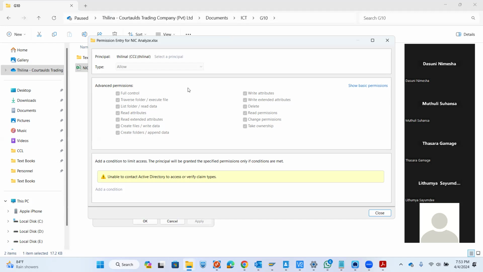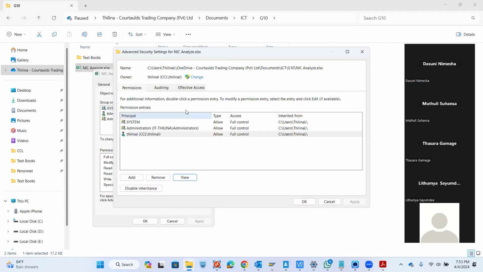Write attributes, delete, I can even control the delete using this. Here I'm using an office connected computer, so certain parameters are disabled for the user. Only the admin can set the parameters. Currently, I have full control here, and I can set the owner.